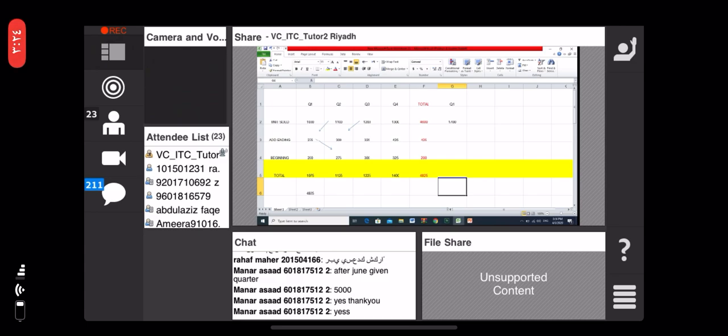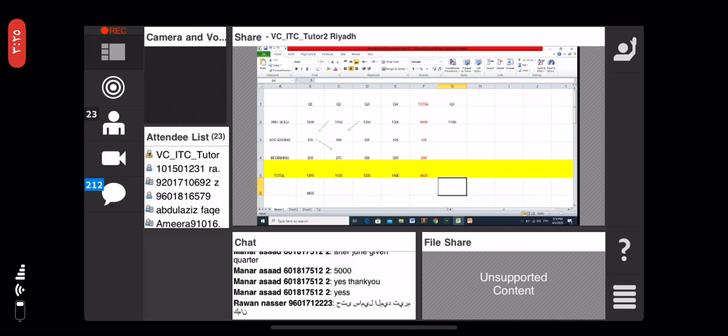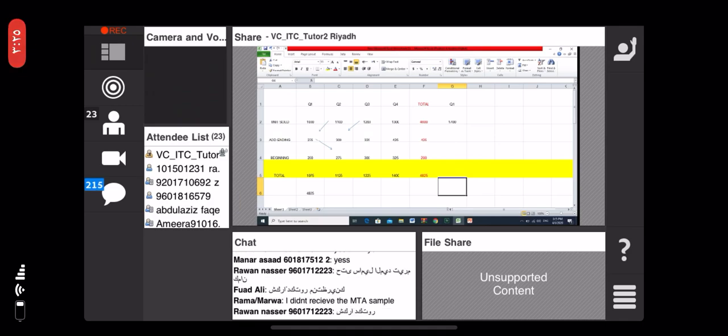When I get any information from GCC, definitely I will send it to you directly. And for the 80, for now, the grades are divided 80 and 20.